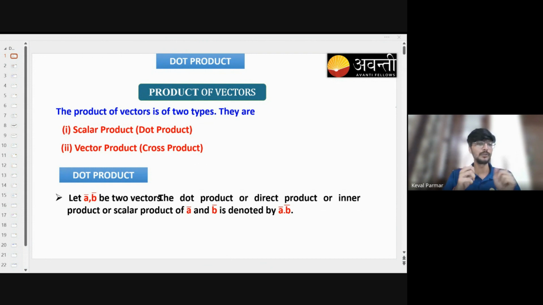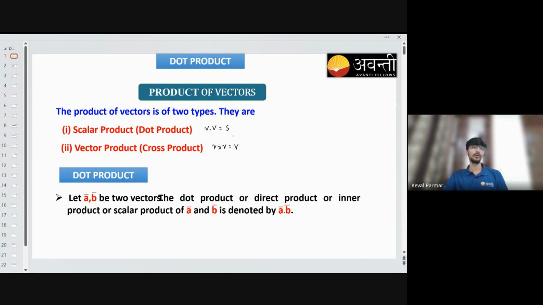If we multiply two vectors, we get the answer as scalar. So in dot product, we can write vector dot vector is equals to scalar. What is cross product? Cross product में if we multiply two vectors, we get a vector. So vector cross vector equals to vector. That's why it is called as vector product or cross product.